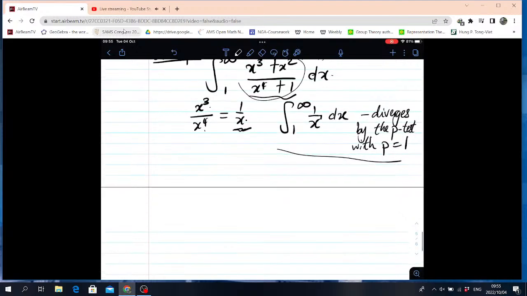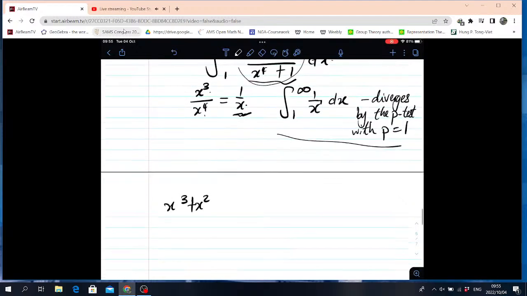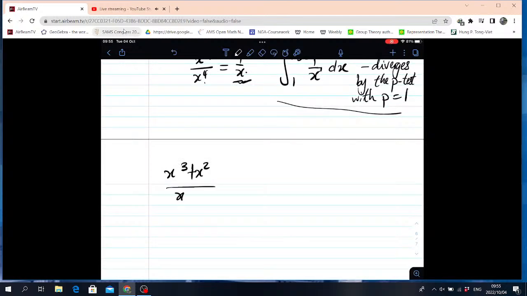So whenever we do a comparison test where we suspect that our function is going to be divergent, we want a scenario like this where we know something about this and then use it to conclude something about the integral of that one.